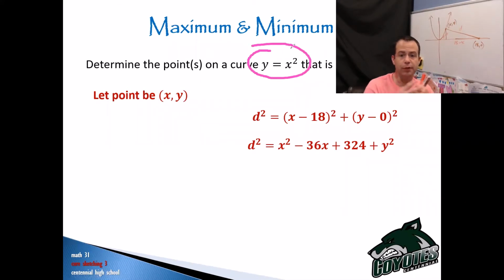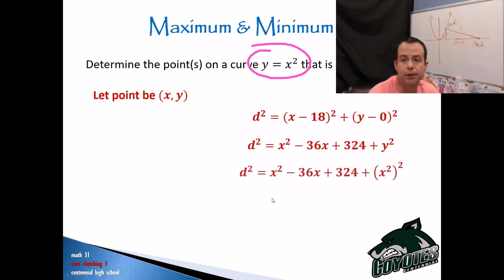That was the original equation. So I can replace my y value with x squared. And so then that will be x squared squared, which will give me x to the 4. Okay, so I end up with x to the 4 plus x squared minus 36x plus 324.